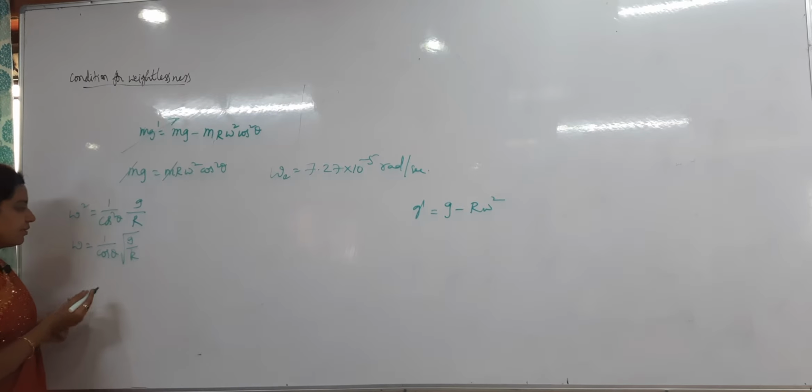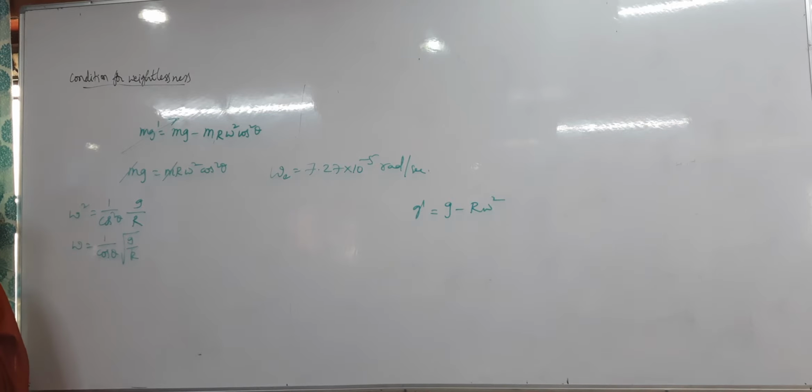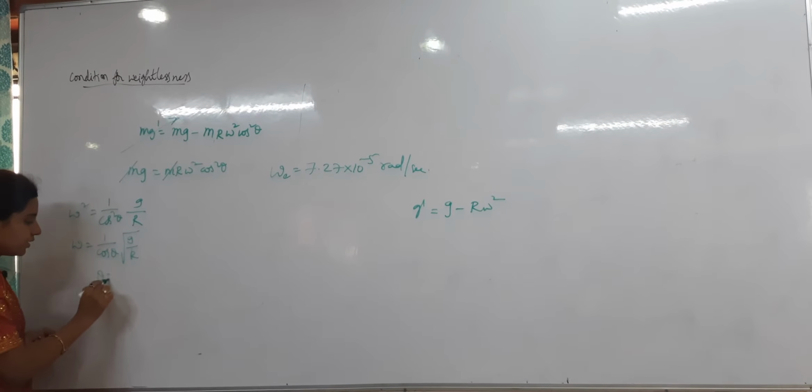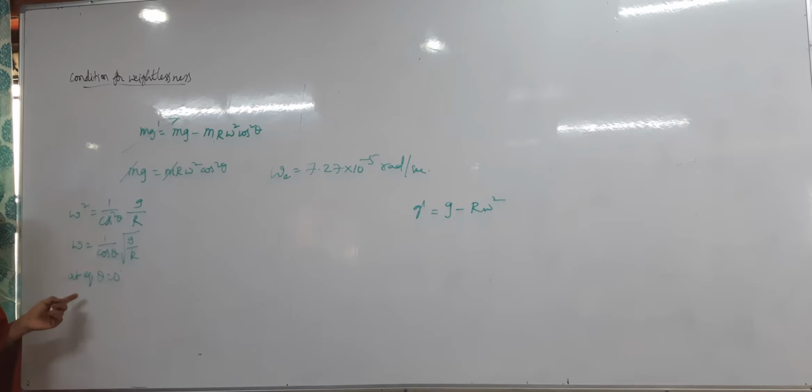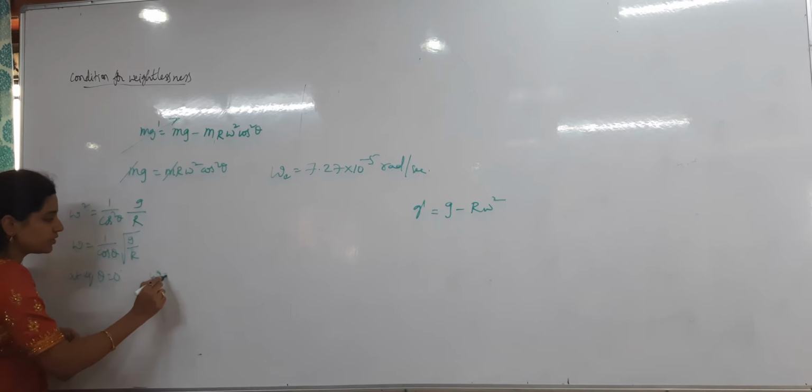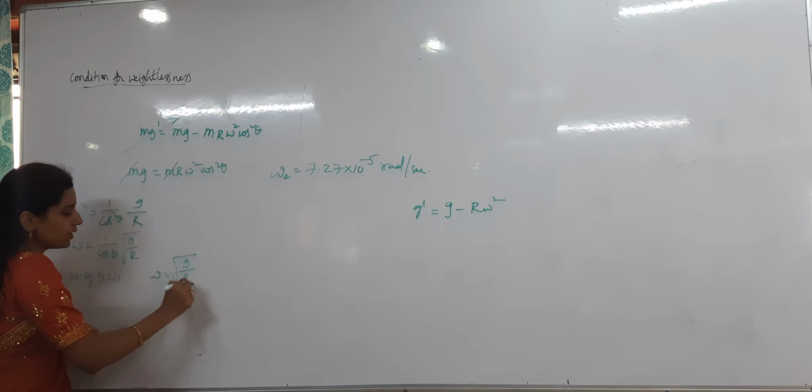For example, I don't know the angle where we are measuring. Let us consider the reference angle is the equator only. At the equator, theta is how much? 0, right? The radius vector makes how much angle? 0 degrees. So theta is 0 degrees at the equator, and cos 0 is how much for us? 1. Then omega is equal to under root G by r.